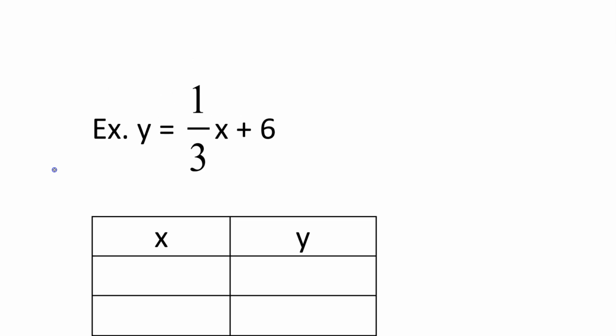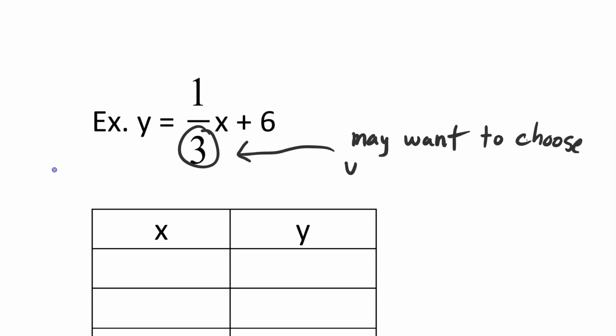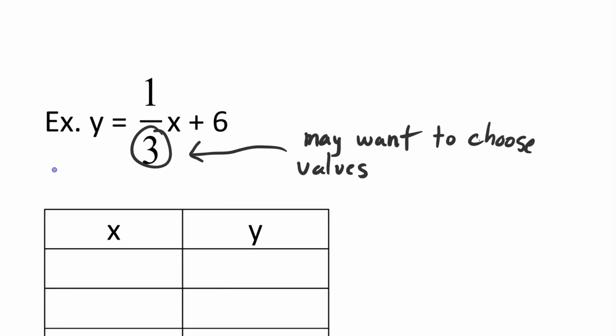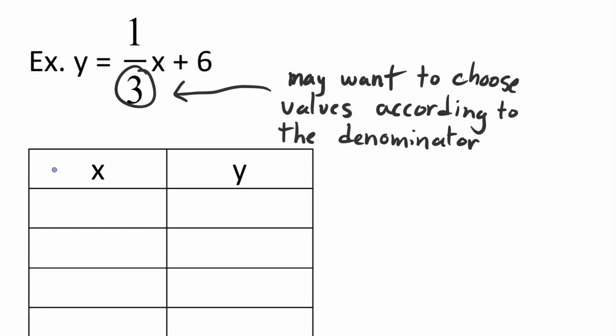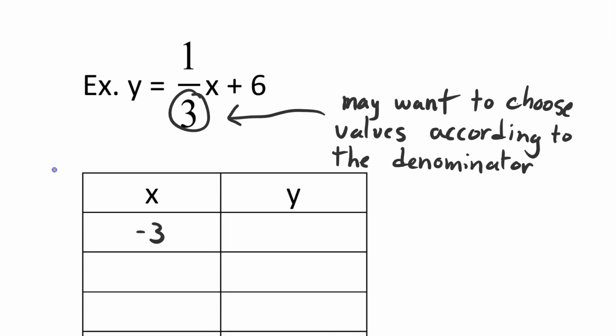But for this last one, there's one special note that I want to pay attention to, which is looking at the denominator. So we may want to choose values according to the denominator when we're looking at our x value. So I'm just going to make a note of that here, that we may want to choose values according to the denominator. Perfect. So we're still starting with that negative 3, but our denominator is a 3.